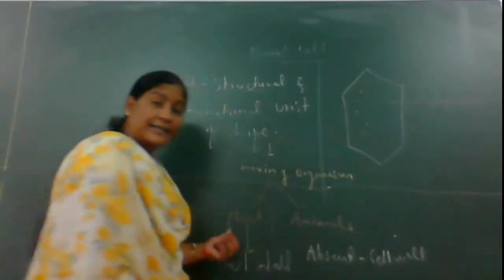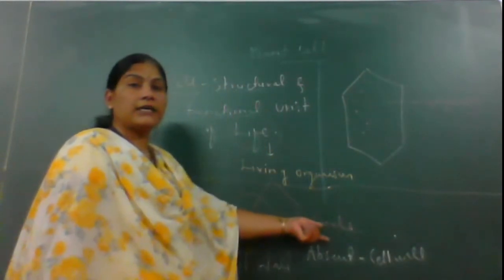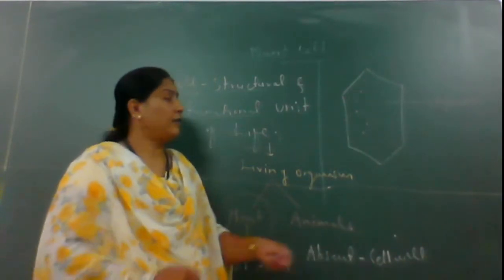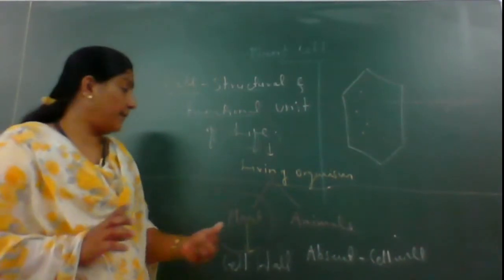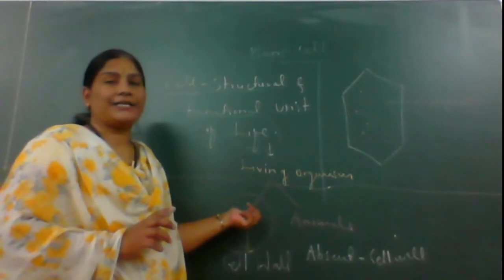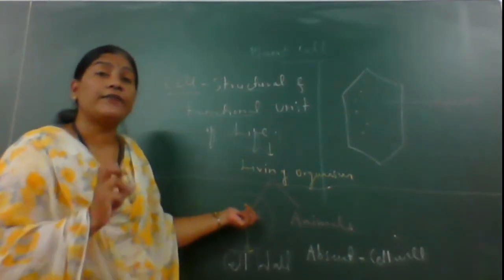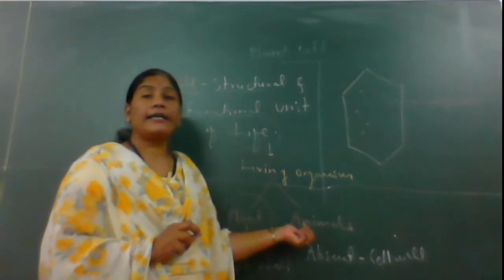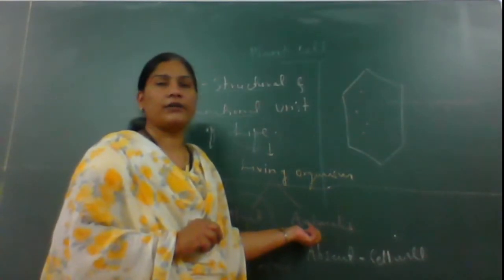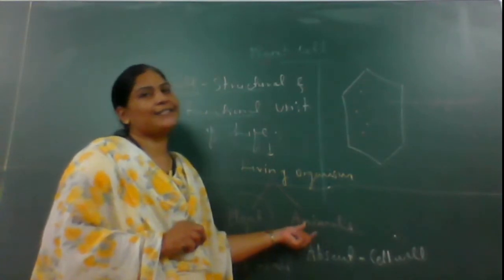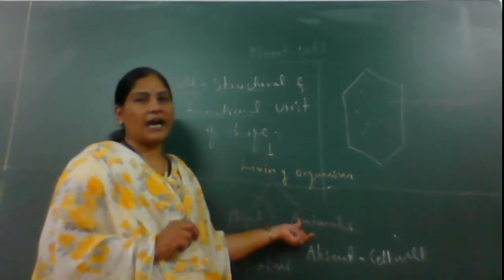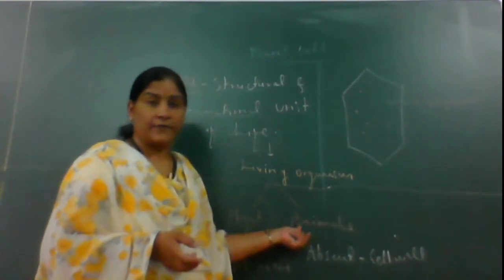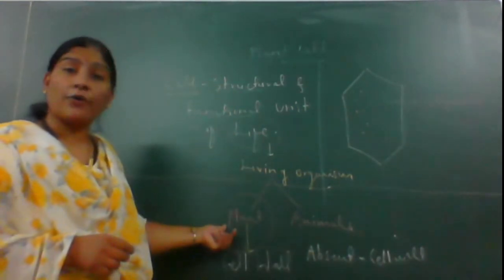The second difference is that essential organelles like the chloroplast are present in plant cells and absent in animal cells, and hence animals depend on plants for food material. So this is the introductory part of the cell.